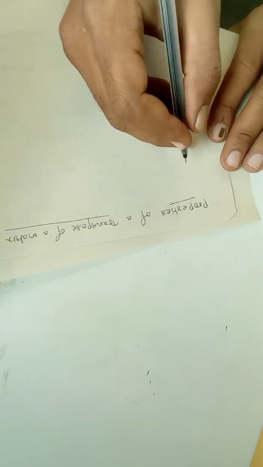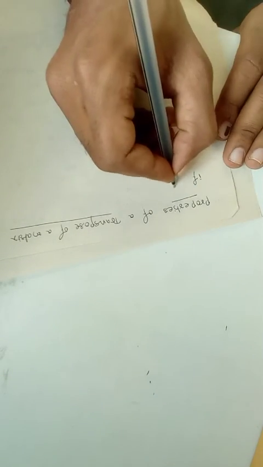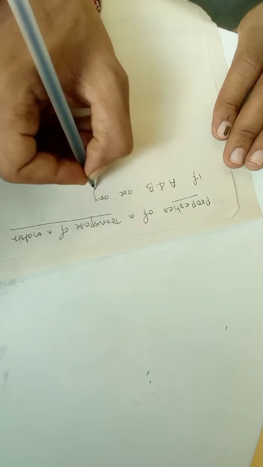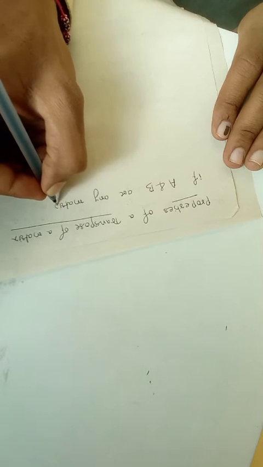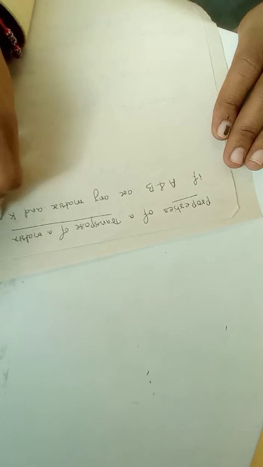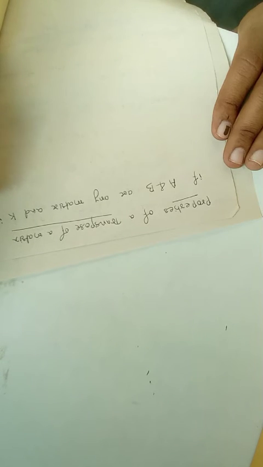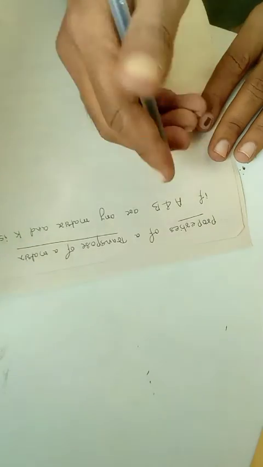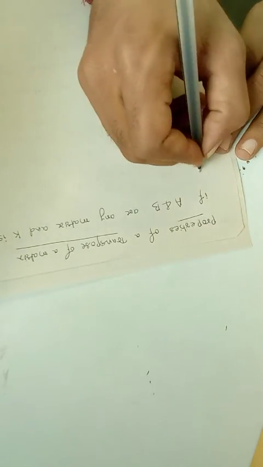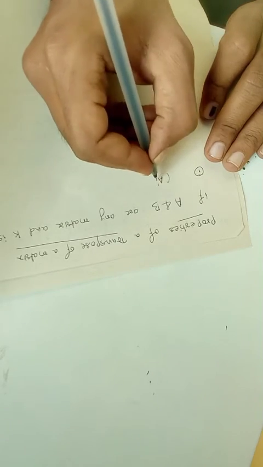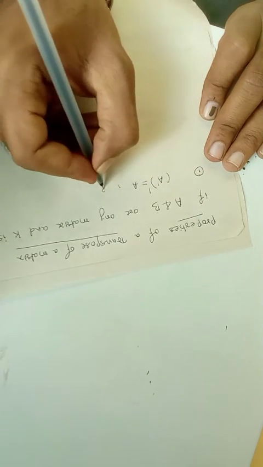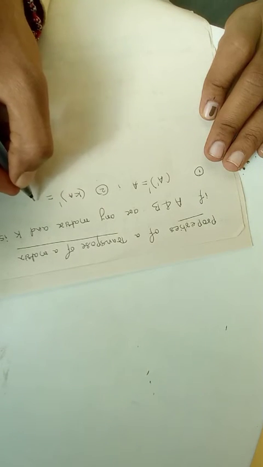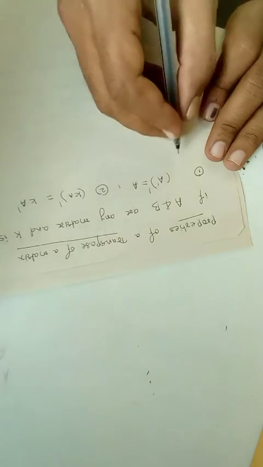If A and B are any matrices and K is a scalar, or any number, then first property, transpose of a transpose is itself. Second property, K A transpose is equal to K goes outside, A transpose.